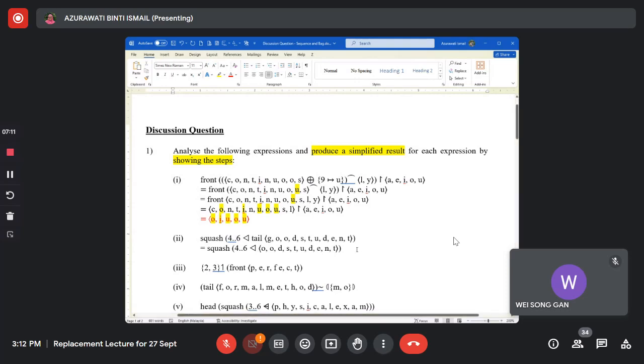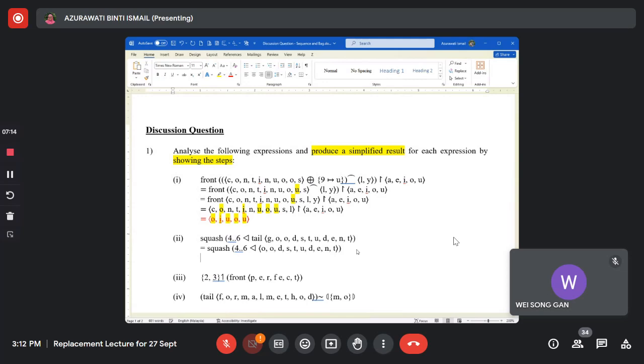After that, you just take the 4 to 6. 4 to 6 means 1, 2, 3, 4, so 4 to 6 is this one. So you are looking at this STU only. Then your result after you squash will be STU also. It will be this one only, STU, after you apply the squash operator. So this is the answer.